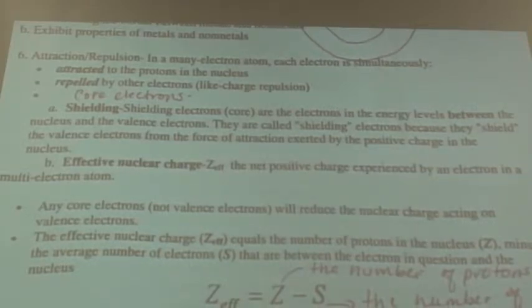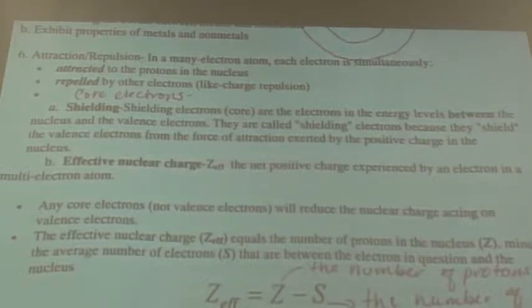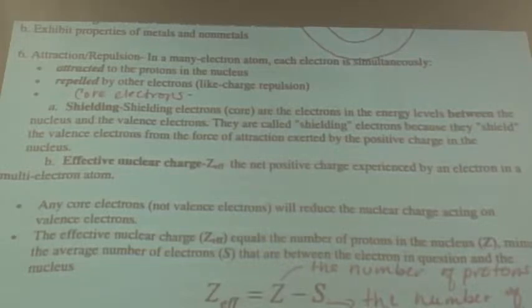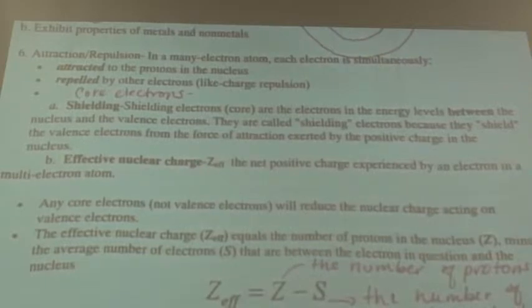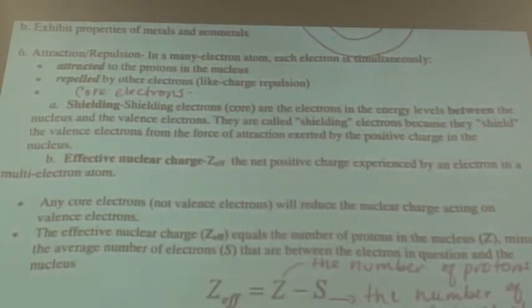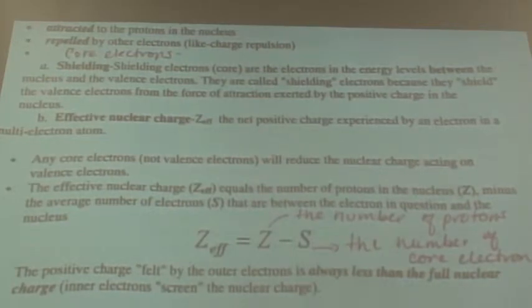I'll go through a couple examples. Okay, so hydrogen. Does it have a valence electron or a core electron? Its electron is a valence electron. It's still described as a valence electron because it's in the outermost energy shell. It has no core. And what's stopping the electron from hitting the proton?